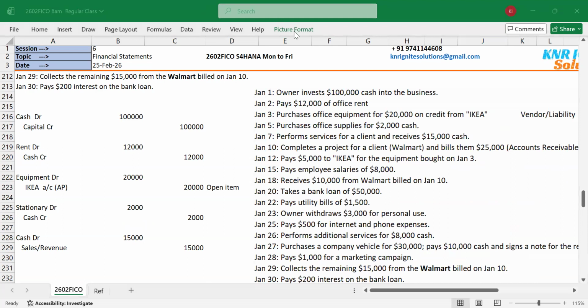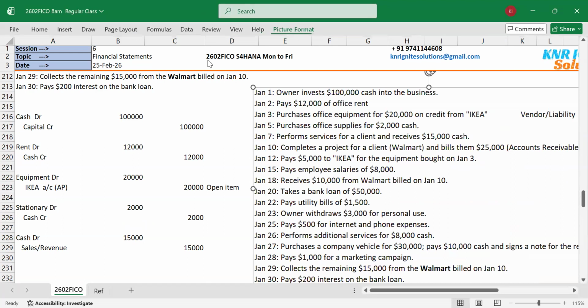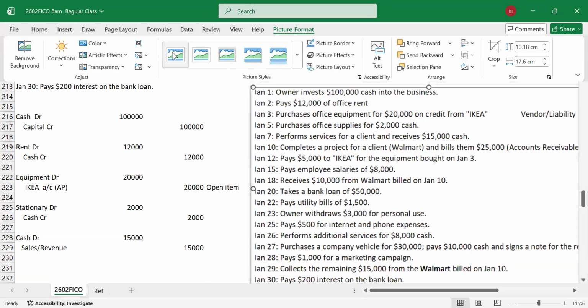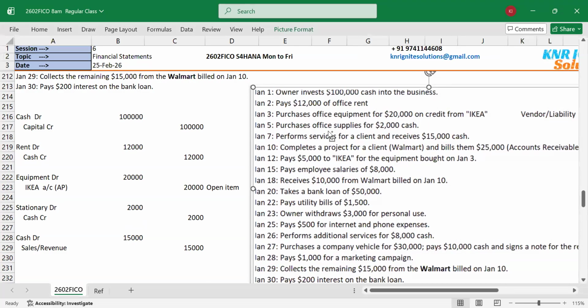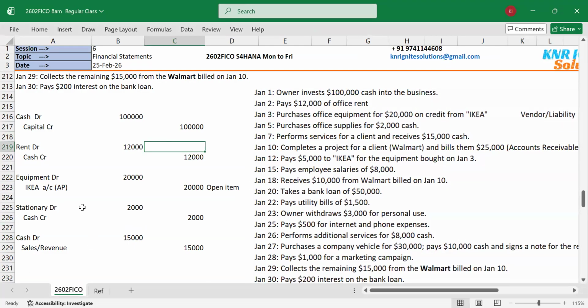Yeah, now look into the next transaction that we have. I think on January 10th. So again, it's revenue. Again, it's a revenue. Okay. So accounts receivable or Walmart account, debit. So he completes a project for a client, which is a Walmart. So whenever we are saying a name, there is nothing called a cash.